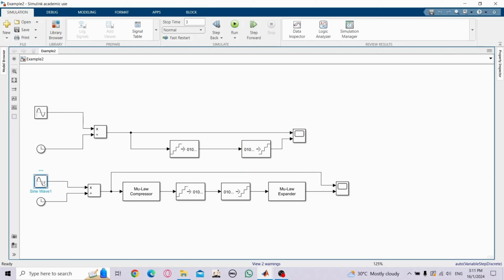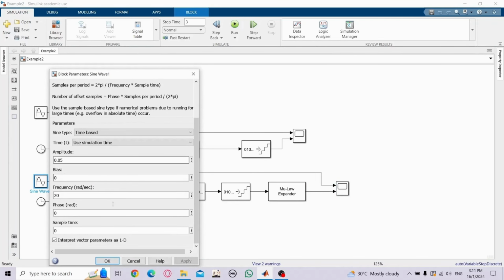For the next one, the sine wave block is connected to a divide block. After that, connect to the mu-law compressor, uniform encoder, uniform decoder, mu-law expander, and to the scope. For the sine wave, the amplitude is 0.05 and the frequency is 20.